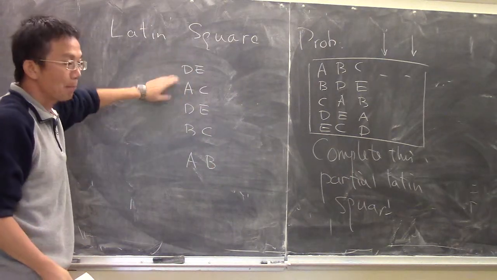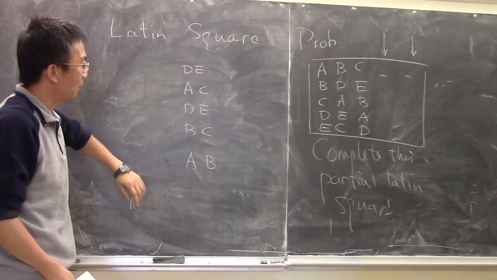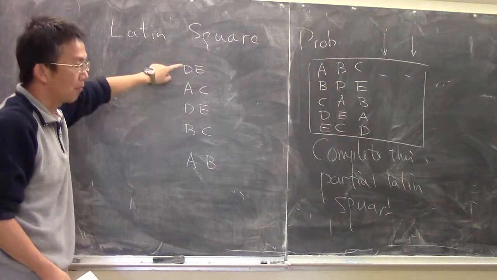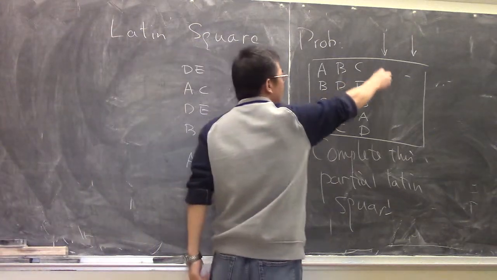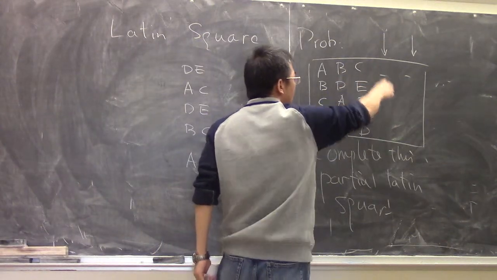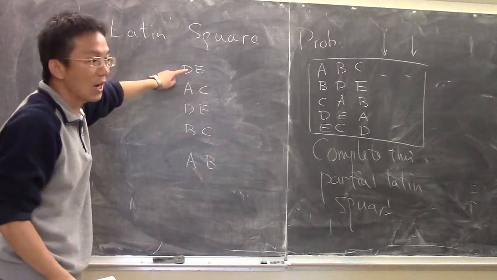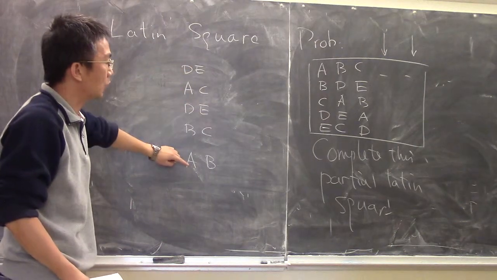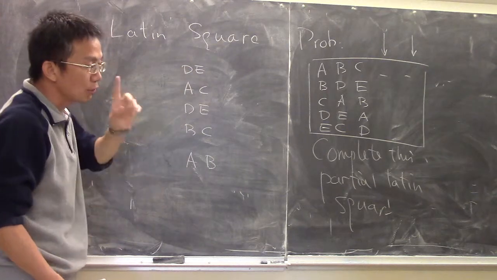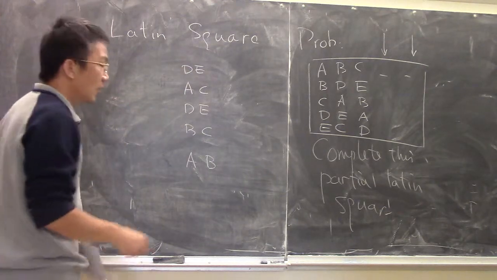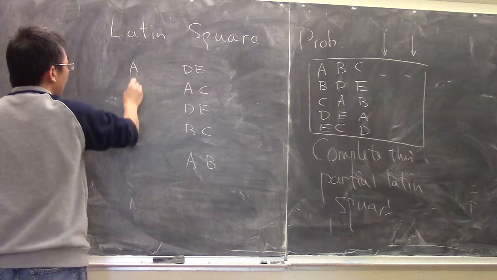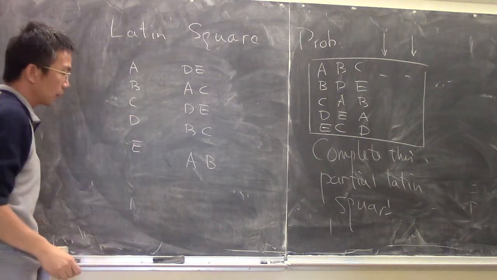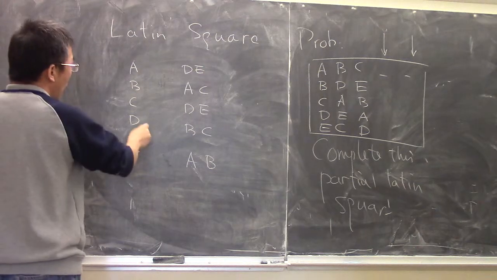Just as in my previous example, if I want to complete the first column, then I should choose 1 letter from each of these words such that no letter is going to appear more than 1 time. So that's exactly what we have done with a matching.